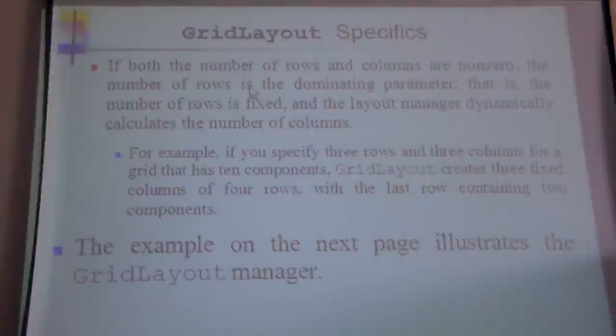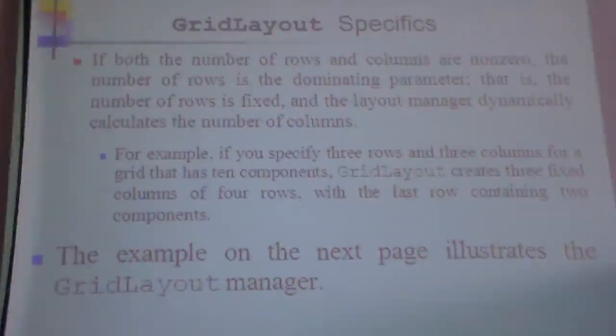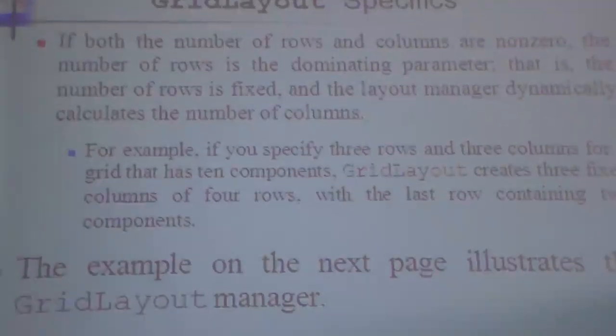What we said before: if you make the row 0 and the column 0, the GridLayout is responsible for automatically arranging your components according to the dominating parameters. It fixes the row and adds to the columns in the previous way.